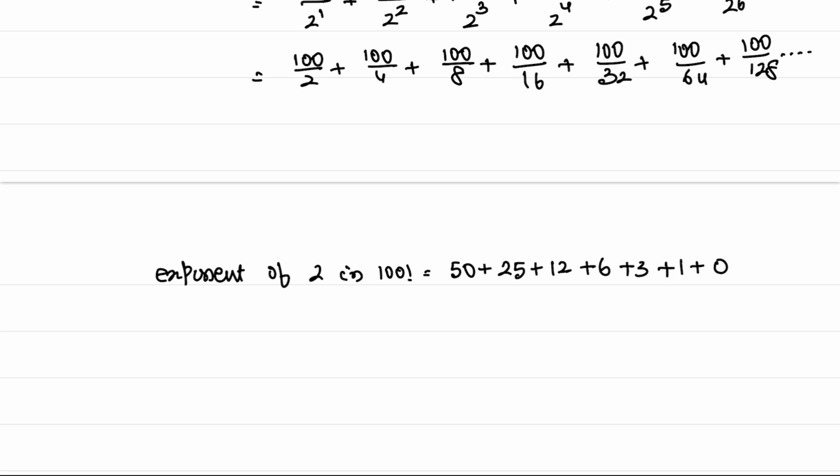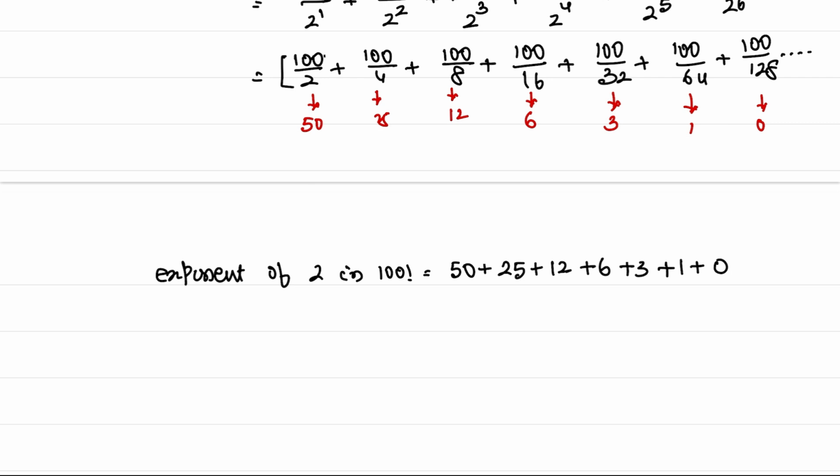That is, the greatest integer we have to take. What are the values? This is 50. This is 25. This is 12. This is 6. This is 3. This is 1. This is 0, and the others are 0. Here what we have to do?